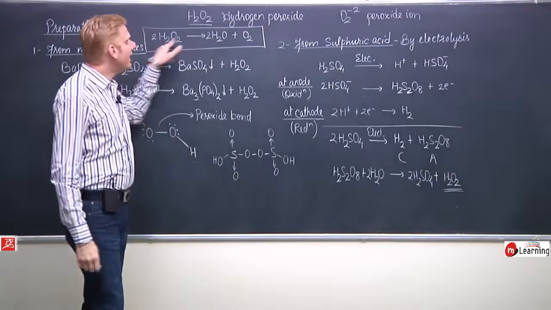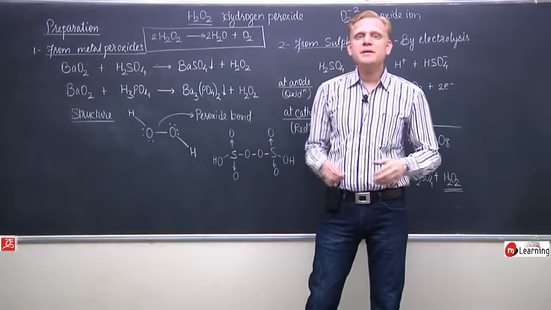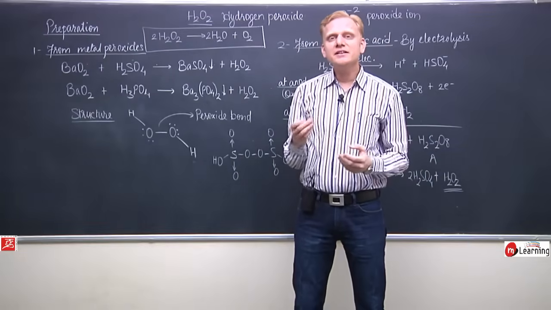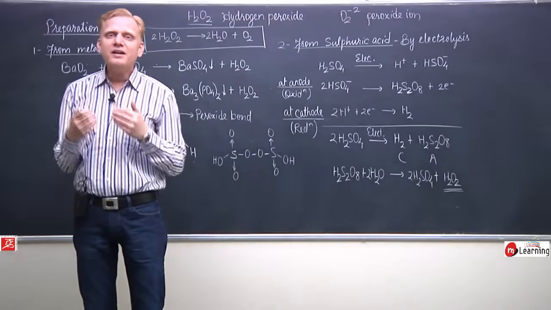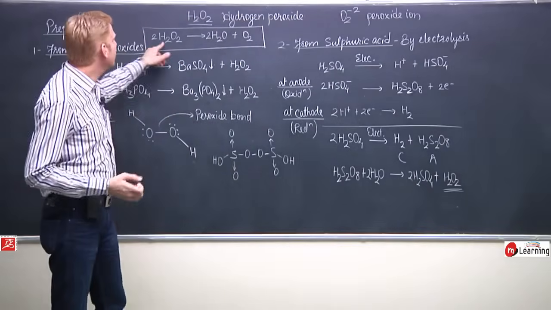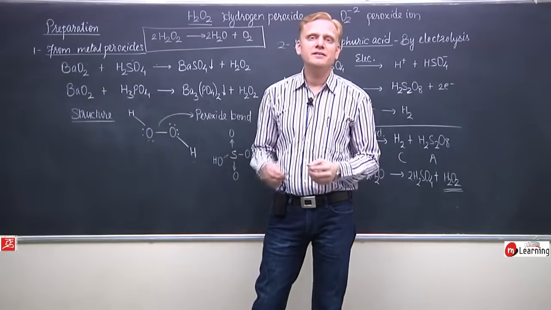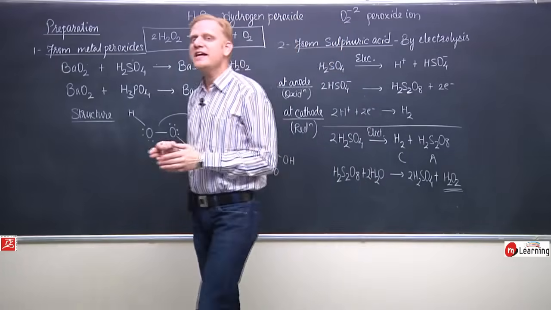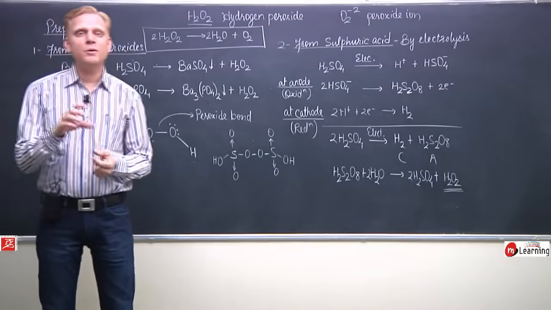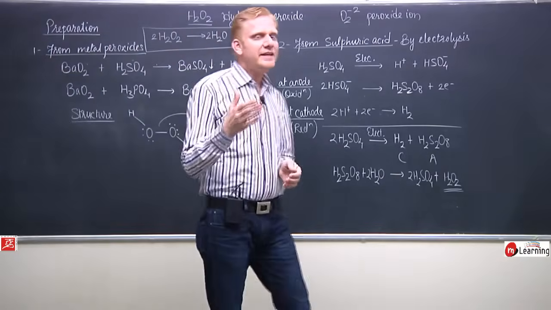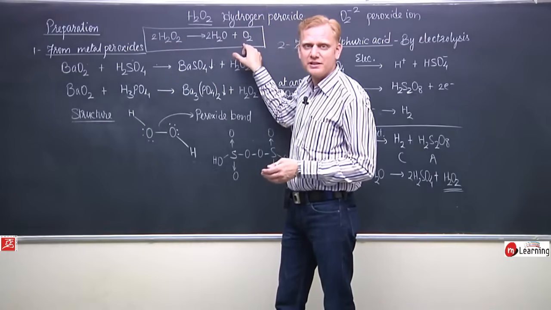But the energy required for this decomposition is so little that even the presence of sunlight, or the presence of some heavy metal ions, starts catalyzing, starts promoting the decomposition of hydrogen peroxide. So one precaution is taken there. When hydrogen peroxide is to be stored, it must be stored in colored bottles, so that light will not catalyze or rather initiate this decomposition.